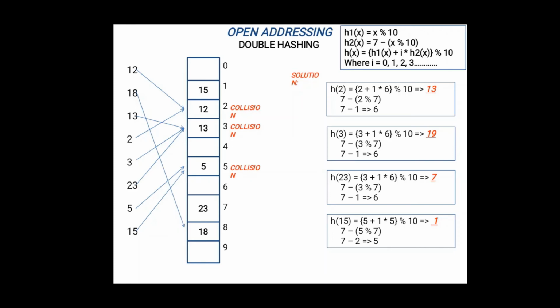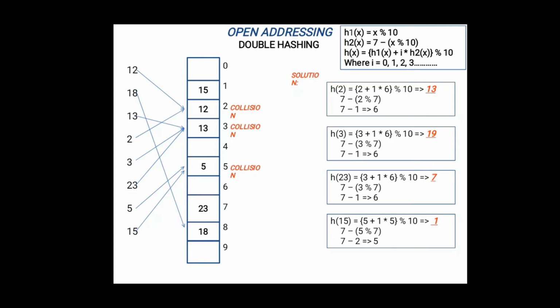So why is there a 7 in the second formula? Simply because 7 is the nearest prime less than the size of 10. So why is it 7 and not 8? Simply because 8 is not prime, therefore 7 is the nearest prime less than the size of 10.